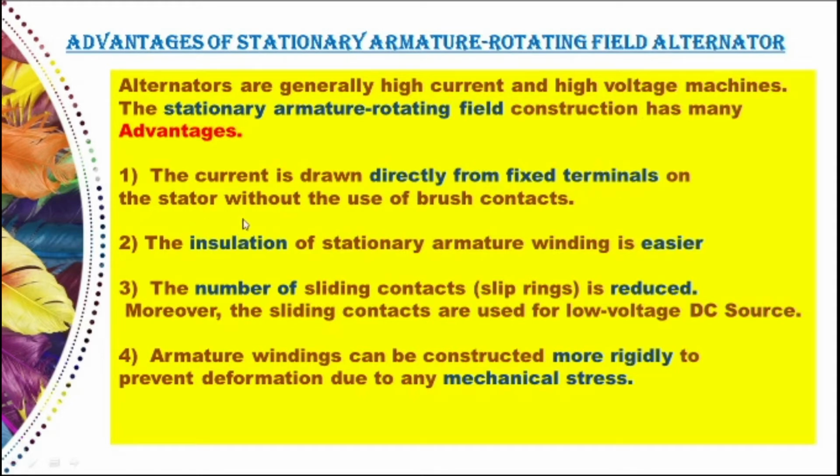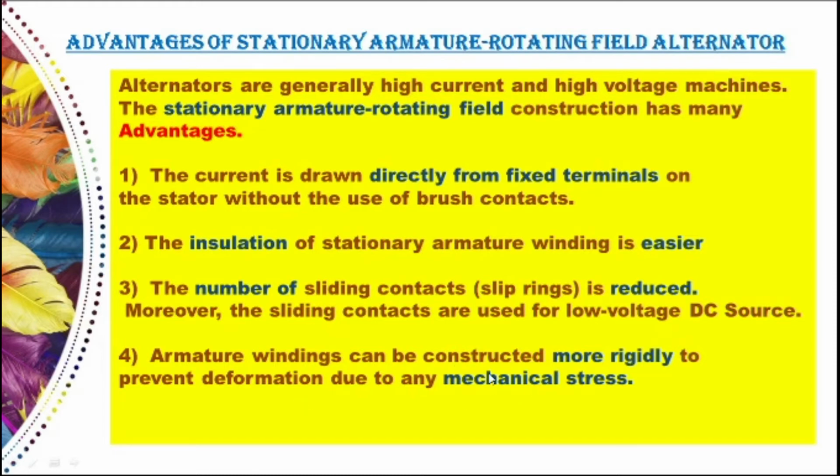on the stator. Here we need not use brush contacts to take the current output. And insulation is also done in an easier manner. And the number of sliding contacts, known as slip rings, is also reduced. Here sliding contacts are used only for a low voltage DC source.